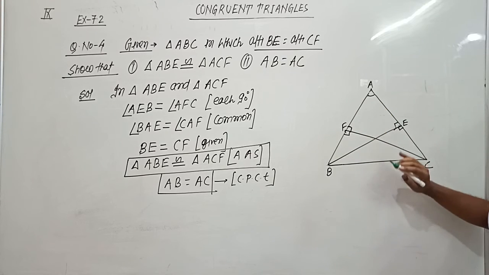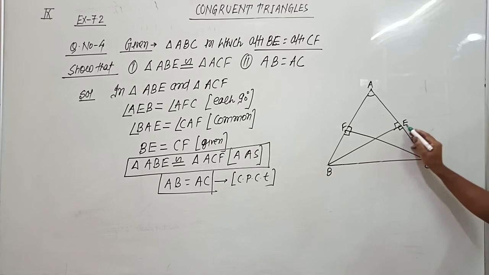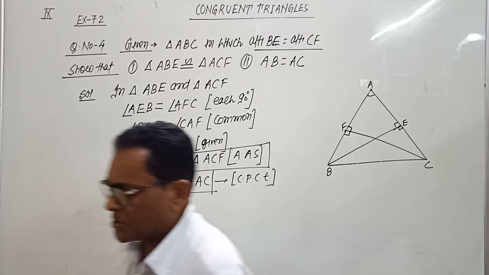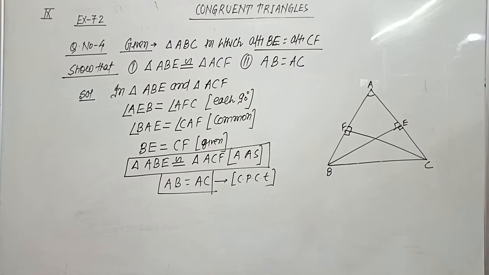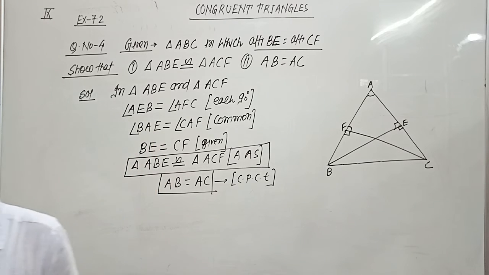And third, the altitudes are given equal, BE equals CF. So two angles and one side are equal, therefore the triangles are congruent by AAS.